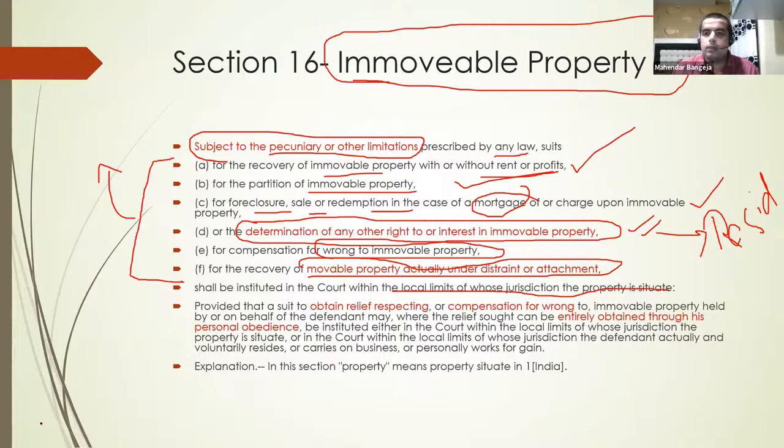Wait a sec. Land acquisition, but that won't fall under the purview of CPC, sir. Anything else? Okay, wait. Partition, is it partition, from Jagannath? Partition has been already provided in clause B, na? Partition of immovable property. So they wouldn't mean partition.